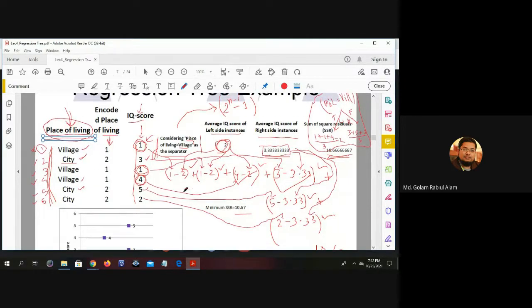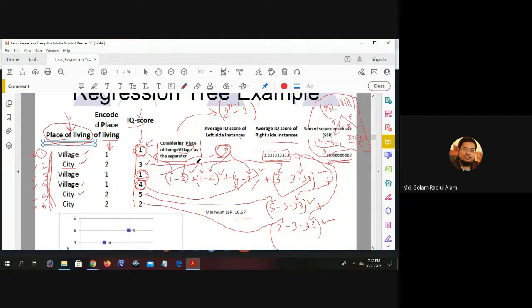Before going to the next step, I want to discuss a little more here, because in this case we have just two categories, village and city. What if we have another category, like city, village, and capital city?